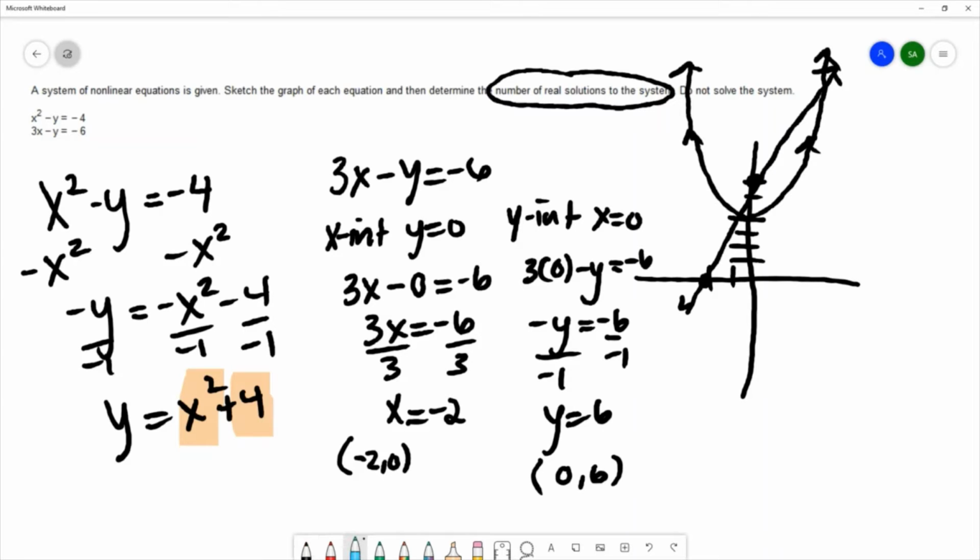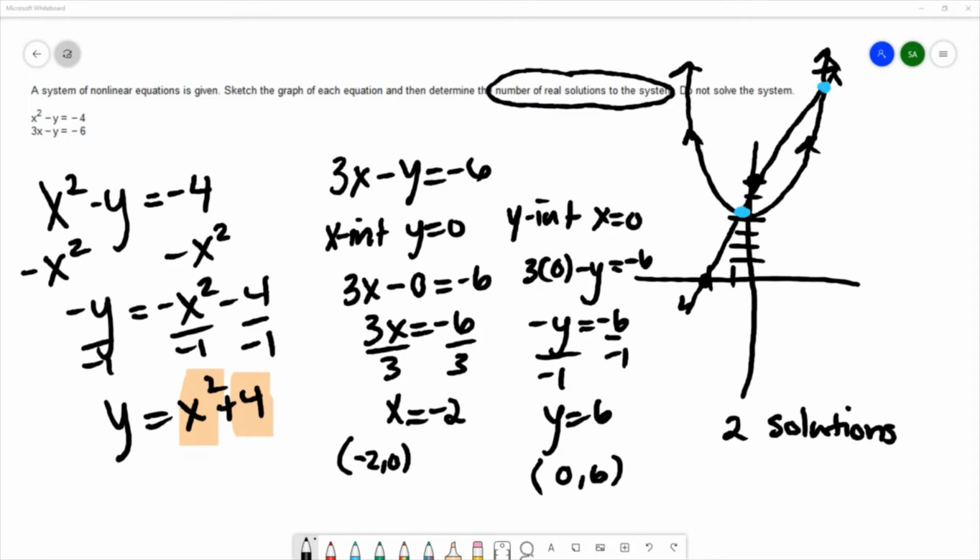So we're looking for intersection points because those intersection points are points that will be on both graphs and will satisfy or make both of those equations true. So we know that this system will have 2 solutions because we see 2 intersection points.